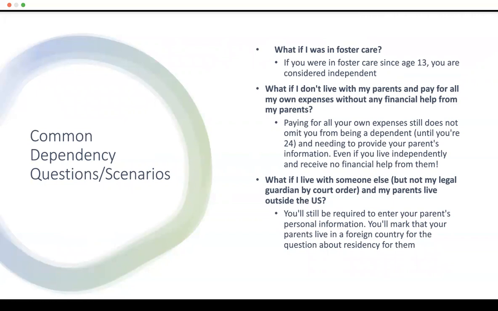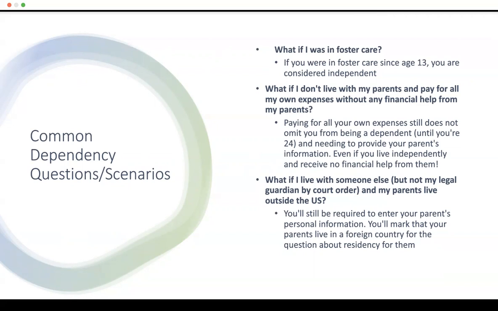What if I don't live with my parents? This is very common. What if I don't live with my parents and I pay for all my own expenses without any financial help from them? If they don't give me any money and I am independent as far as my own finances, what does that mean for dependency on the FAFSA or WASFA? Paying for all your own expenses still does not omit you. It doesn't put you in the clear for being a dependent until you're 24, really.